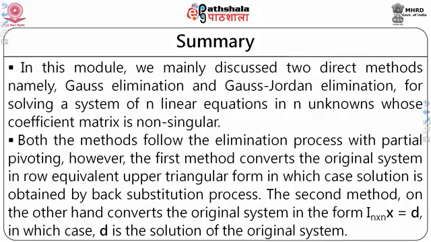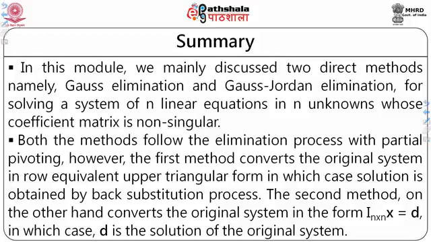So, what we have seen in this particular module is that we have discussed 2 direct methods: Gauss elimination with partial pivoting, and the Gauss-Jordan elimination method, for solving systems of n linear equations in n unknowns, whose coefficient matrix is of course non-singular.